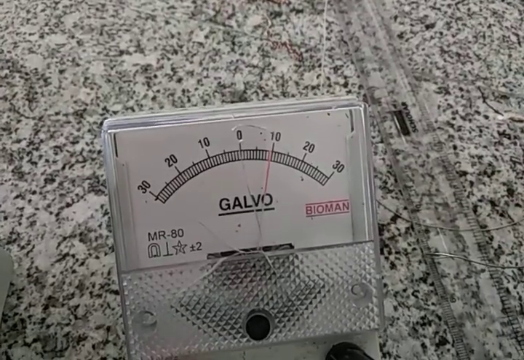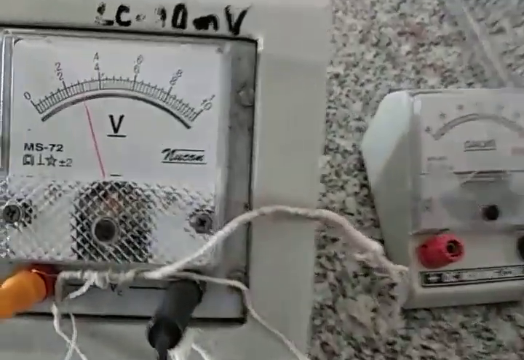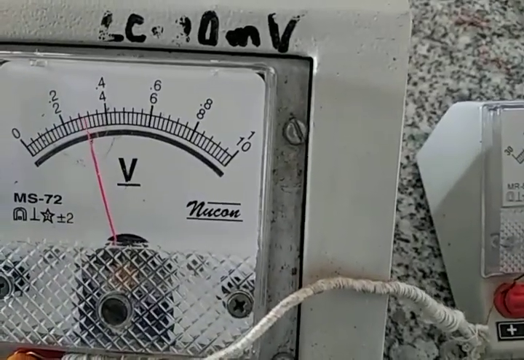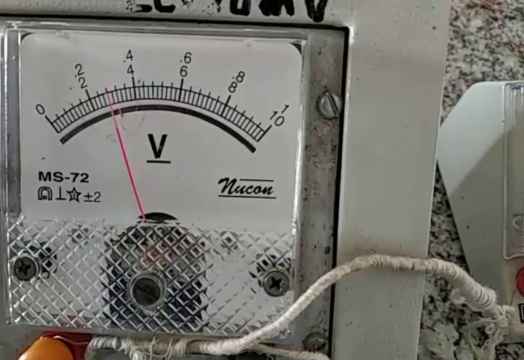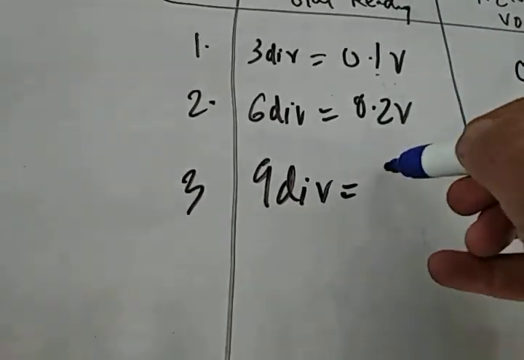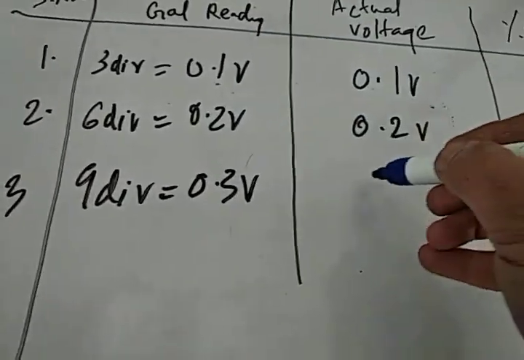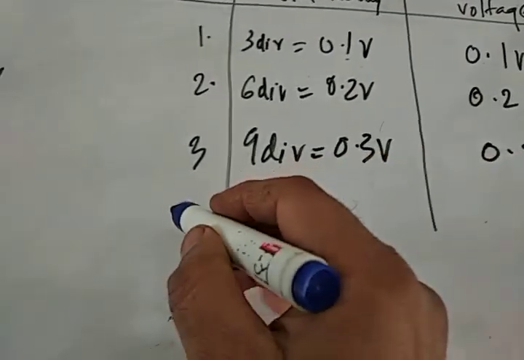This is the actual, 9 divisions deflection. And how much is this showing? This is going towards the center. That's 0.3 volts. So clearly 9 divisions is 0.3 volts, and here we have also 0.3 volts. So voila, wonderful.